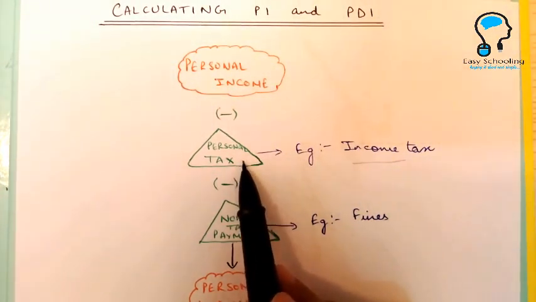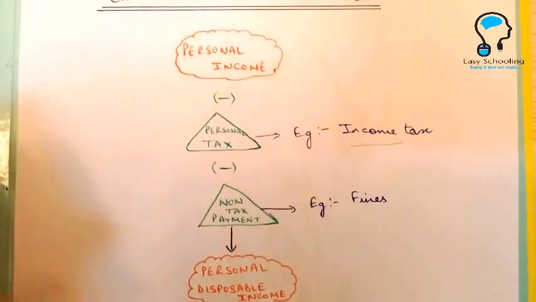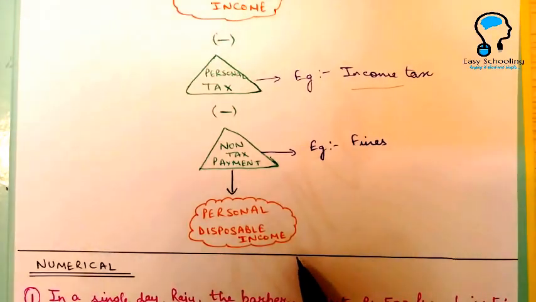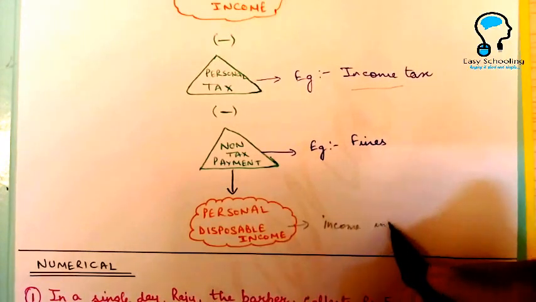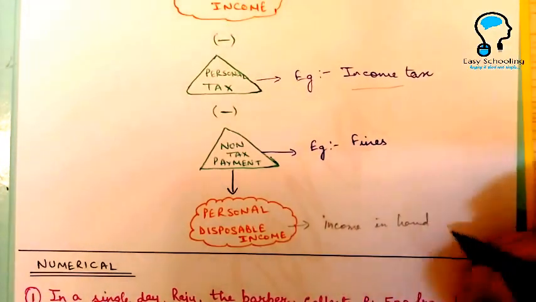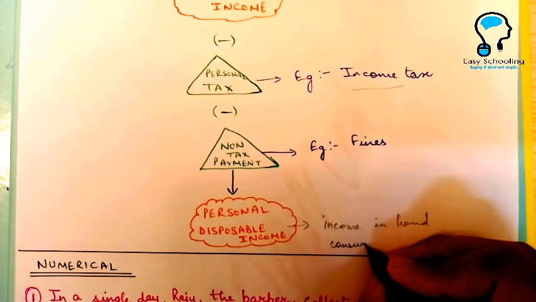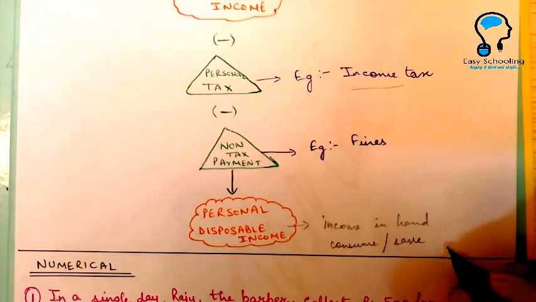So subtract the tax payment and the non-tax payment from the personal income, and that is going to give you personal disposable income. Okay, this is the income in hand of the households. This is the income which they will use to consume or save, for consumption or for saving.